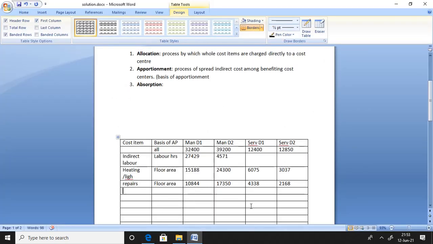If you do that, your answers here will be: canteen subsidy as the cost item, and the basis of apportionment is the number of staff.